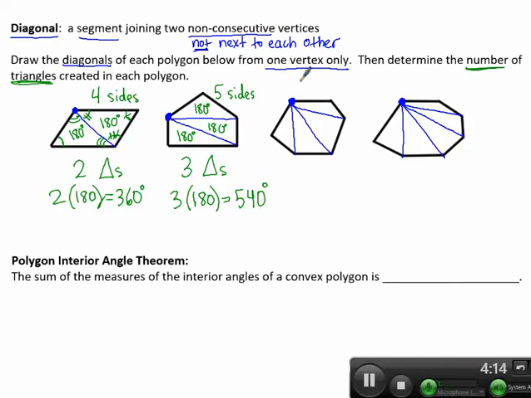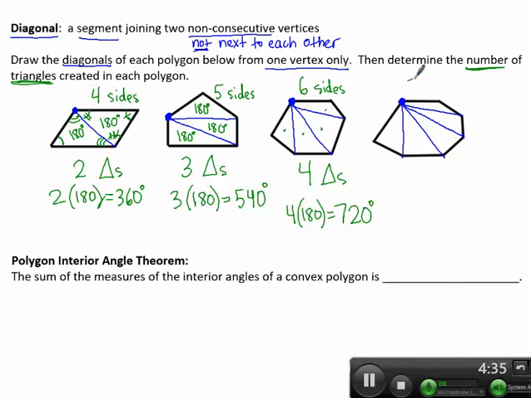How many triangles in the hexagon, where there are 6 sides and 6 angles? 1, 2, 3, 4. 4 triangles, which means I would do 4 times 180 degrees. That would give me 720 degrees.